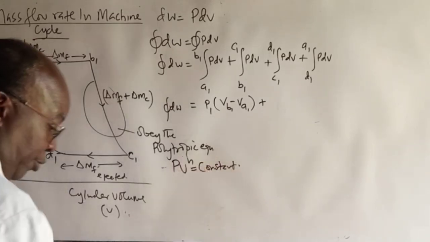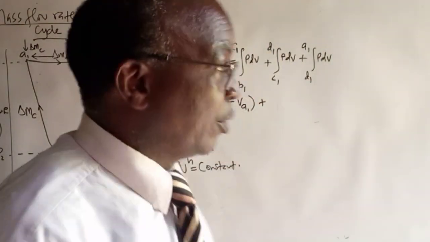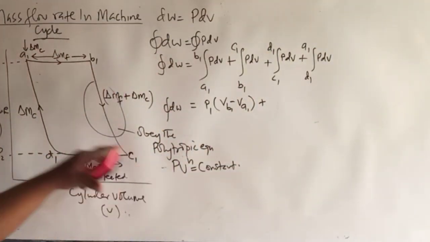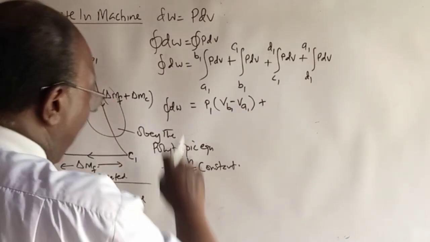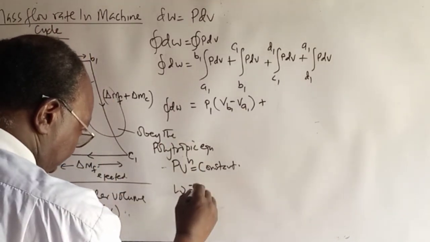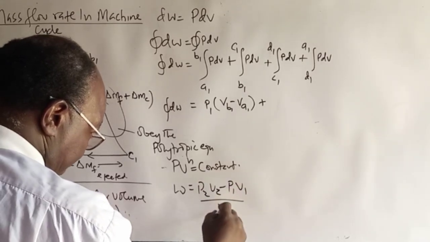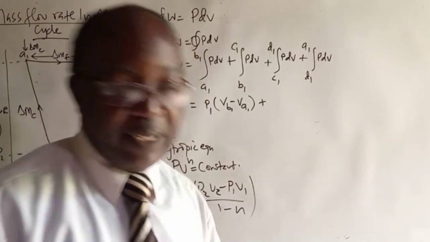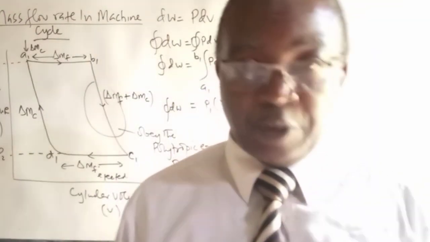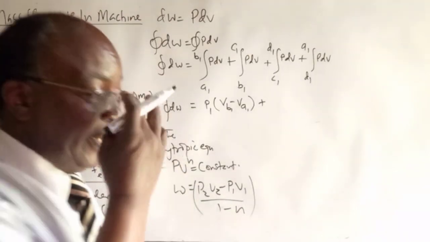Of course, n is the polytropic constant, which can be called an expansion or compression constant, it doesn't matter what you call it, but it obeys the polytropic equation. So if it obeys the polytropic equation, then the work is (P2V2 minus P1V1) over (1 minus n). That is an expression we derived in the lectures on polytropic processes, so please also try and look at that lecture.